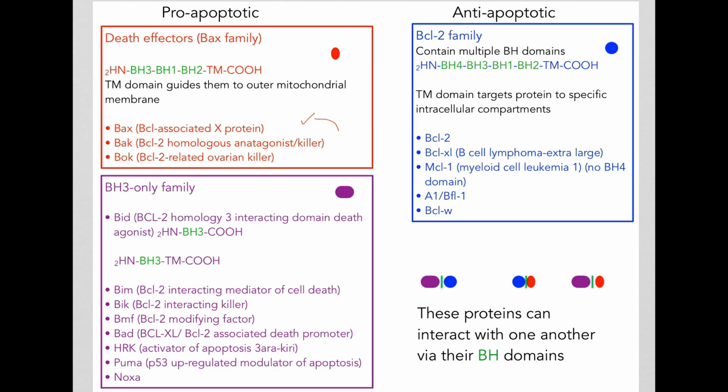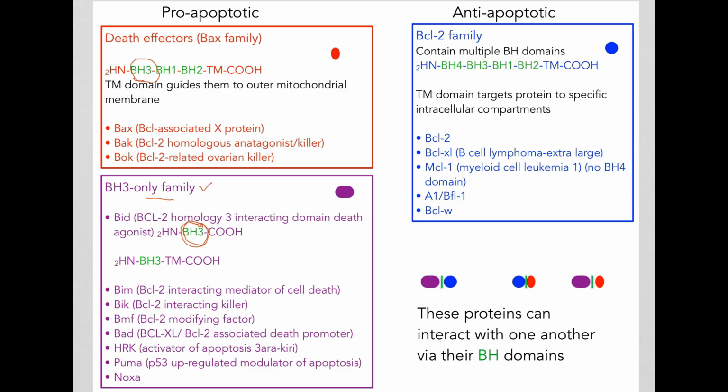So here you see examples of the Bax family, here you see examples of the BH3-only family, and here you see examples of the anti-apoptotic BCL2 family. Note that all of these proteins have a BH domain. So the BH3-only family has only one BH domain, that is a BH3 domain, and that's why we call this the BH3-only family, while the rest have several domains.